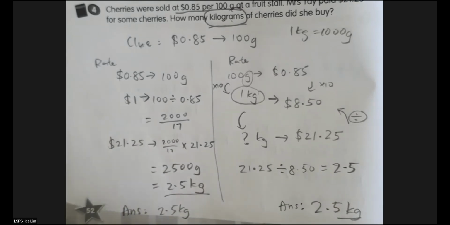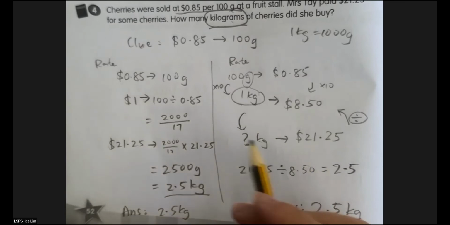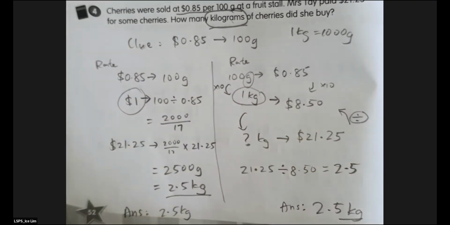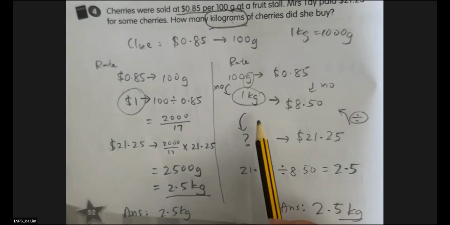So in a quick fashion, I did both methods, either by going with the dollar or going with the kilogram. Which one do you fancy? At this point, I would say the preferred choice is quite obvious. Which one will you prefer? Yes, the kilograms one. Why?